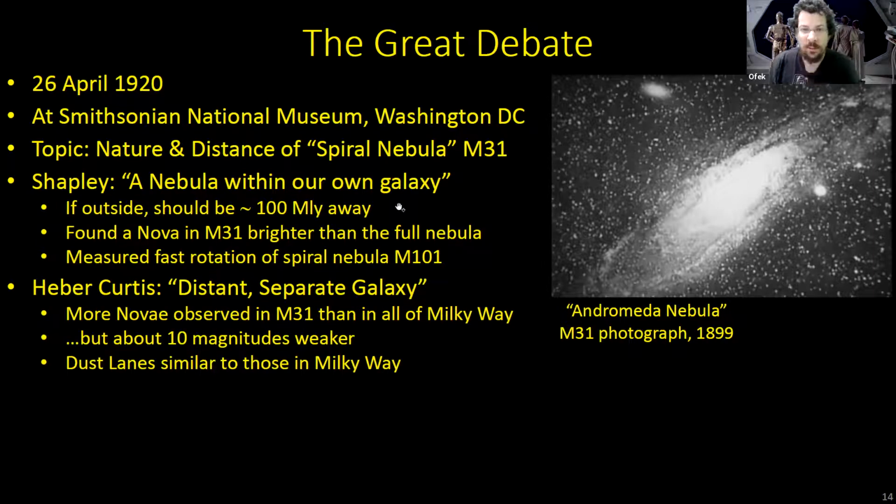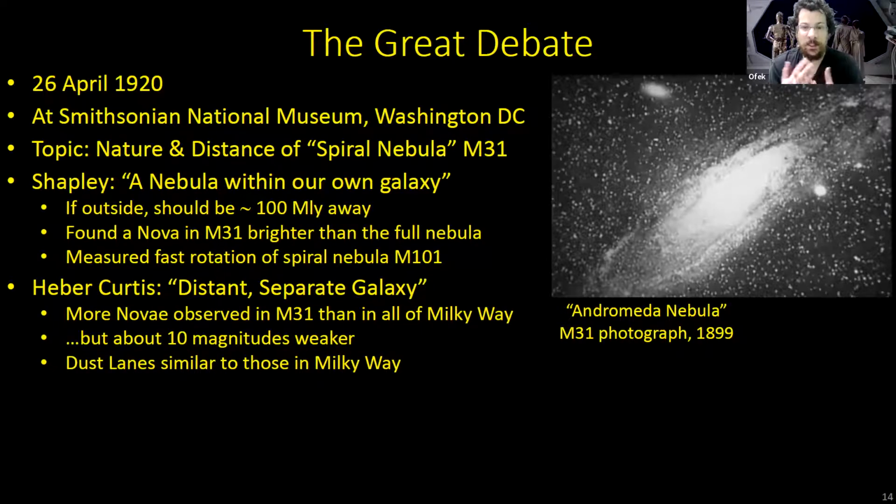Also, another Messier Catalog object, M101, is another spiral nebula. And for that, there was a measurement of the rotation velocities. And if you measure the rotation velocity, then you can try to estimate the distance. And if the distance is out of the galaxy, then that means the size has to be very, very big for us to have the same angular diameter as we see in the sky.